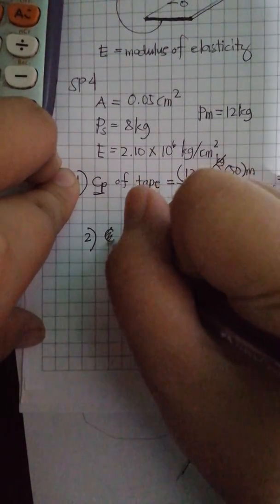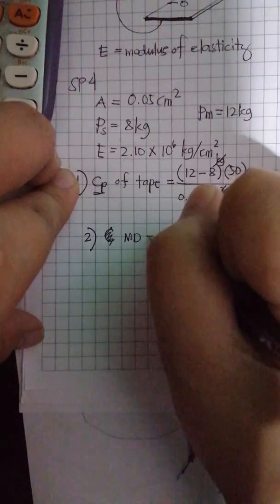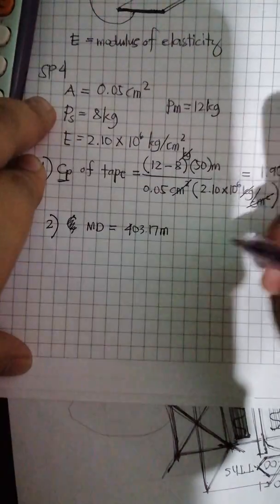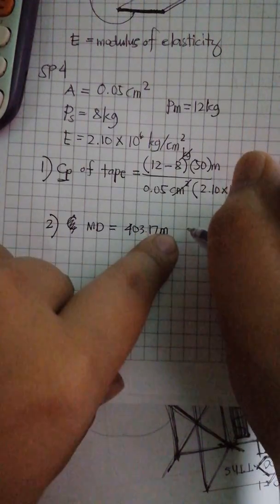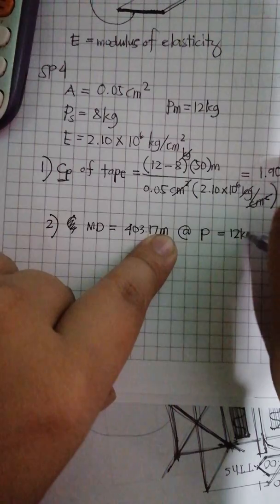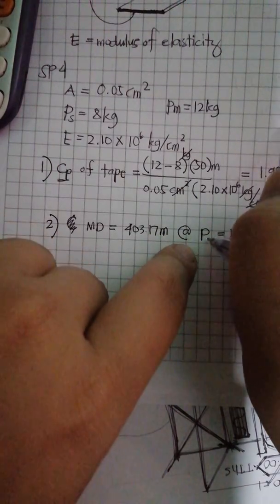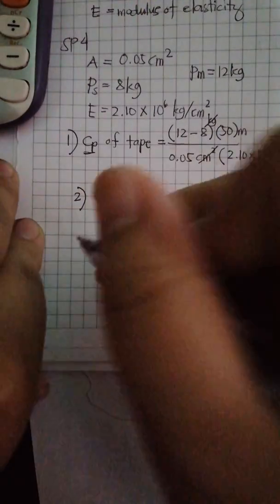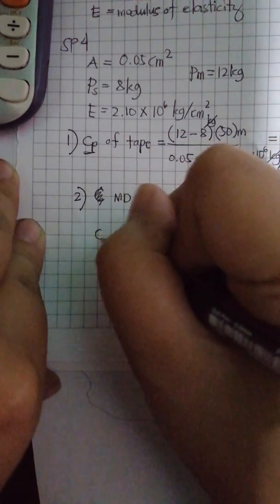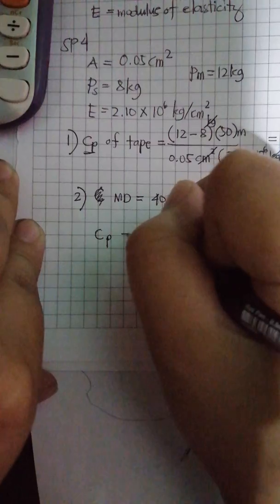So, yung second question is yung measured distance is 403.17. Then, this is the measurement at pull of 12 kilograms. So, since 12 kilograms is during measurement, so yan yung PM. Same pa rin. So, the actual length, okay, kunin muna natin ang correction.